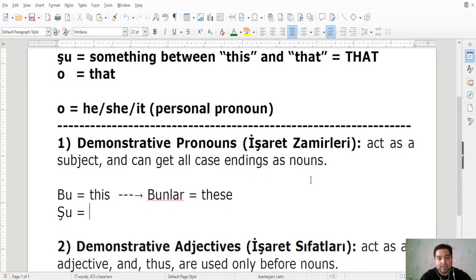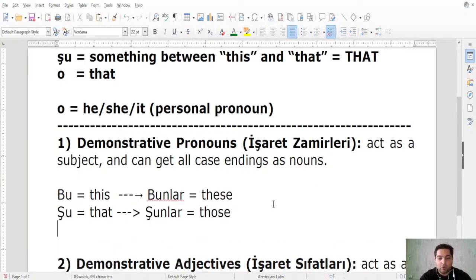For şu, it means, let's say, again, something in between, okay? So something between this and that, but let's still write it here as that. It can also be plural, şunlar, okay? Which is those.